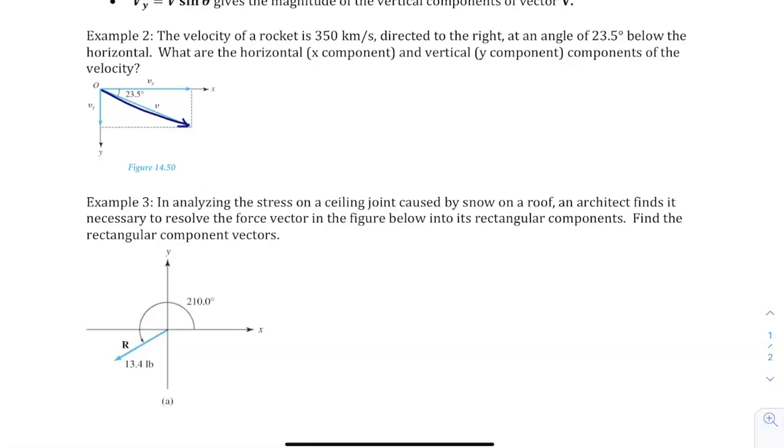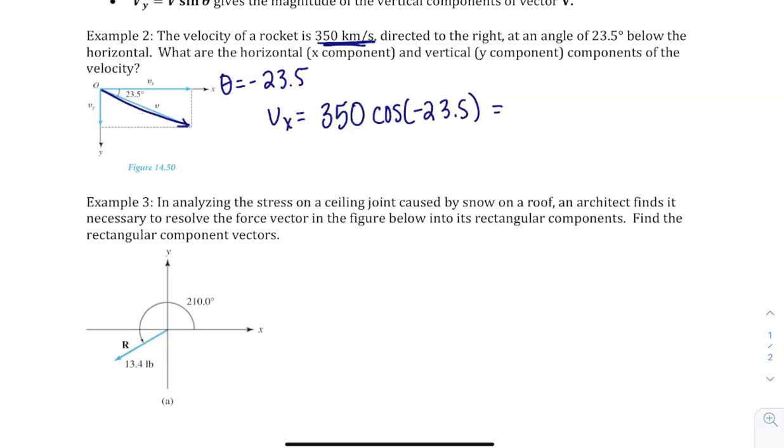Well, one thing that we could do is think about this angle as actually being negative 23.5, since we went in that clockwise position, that's a negative angle. And so if we want to find our X component, then we just need to take our magnitude, which in this case is 350, and multiply this by the cosine of this angle.